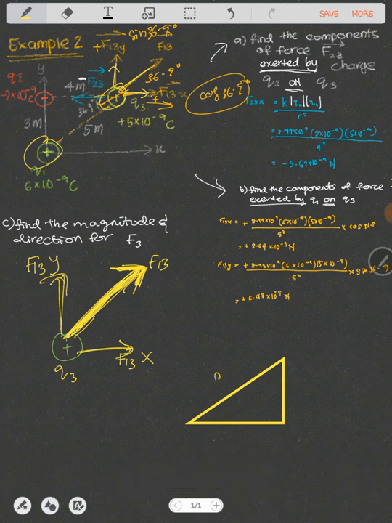Okay, so this is F13, the resultant. Okay, so this one is F13X.